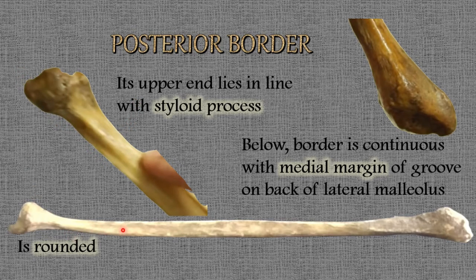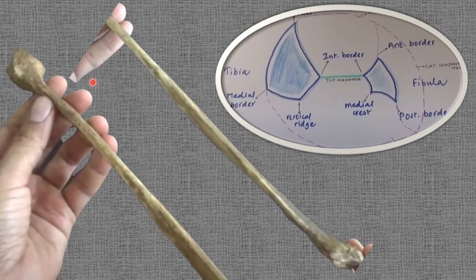This is the middle part of the posterior border, which is rounded in its upper part and a little sharper in its lower part. Now this is the posterior border, styloid process, a rounded posterior border. You can see this is the posterior border, and this is the upper half, and this is its lower half. This is the posterior aspect of the lateral malleolus.